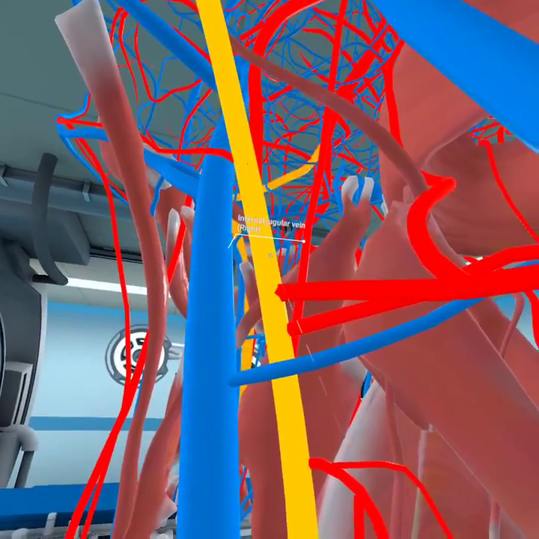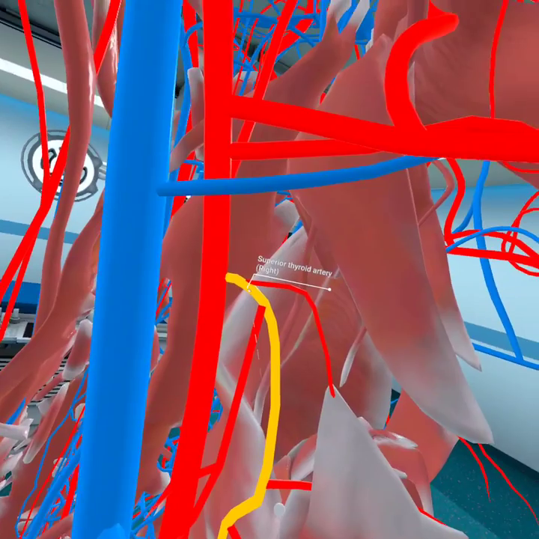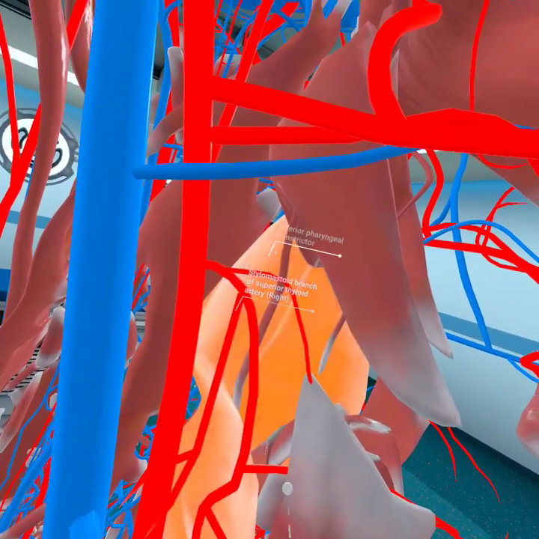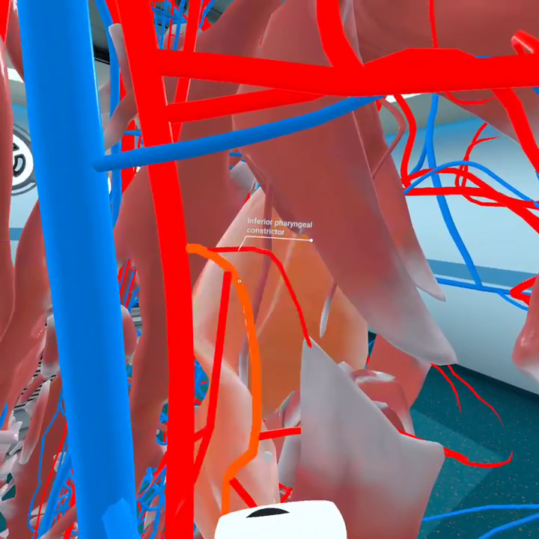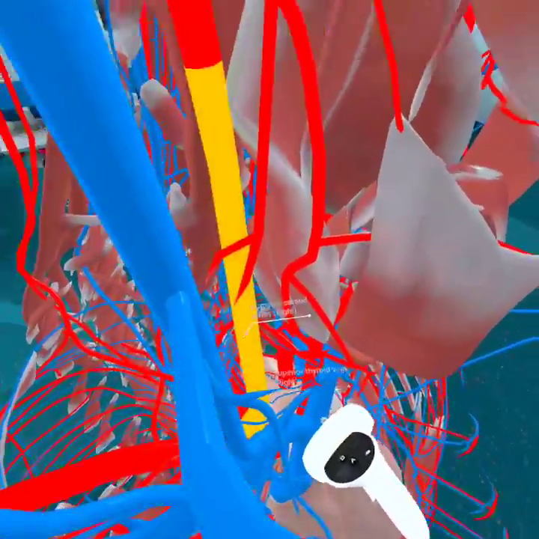Where's the name? External carotid branch, superior thyroid artery, and stylomastoid branch, and we have an infrahyoid branch of the superior thyroid artery. So this will provide blood supply to the neck.